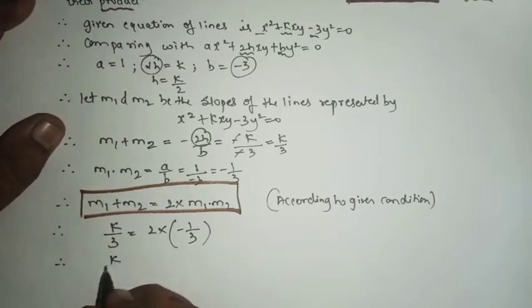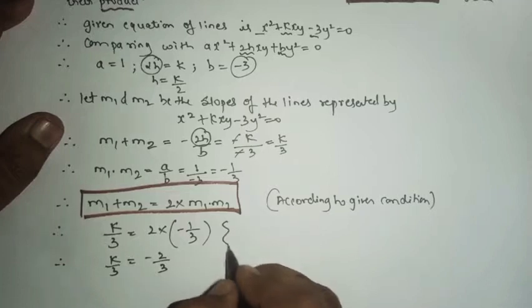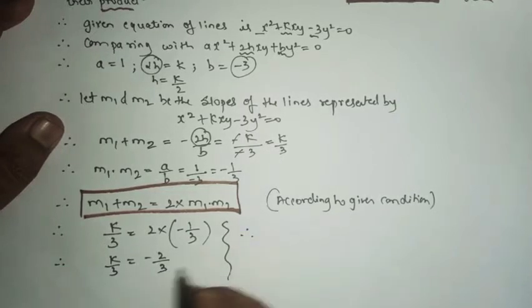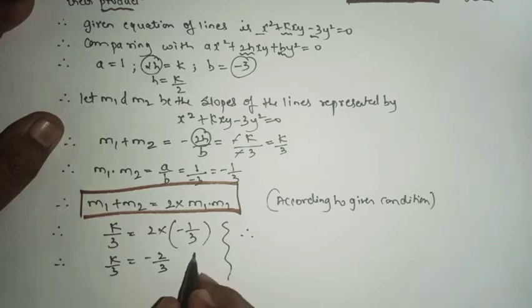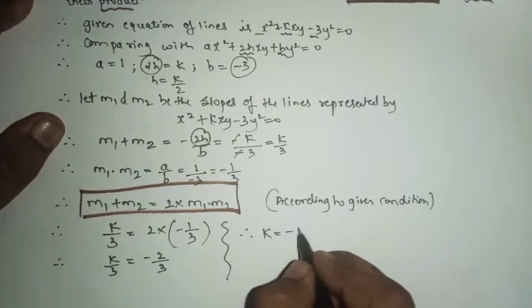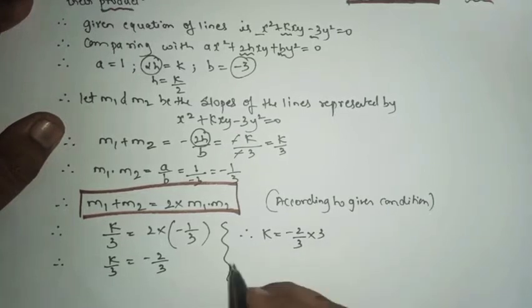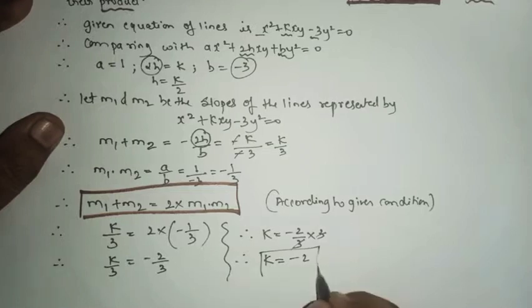So this will be k by 3, and this we can write as minus 2 by 3. So therefore you can shift this 3 on the right hand side, this 3 on the left hand side. So k equals to minus 2 by 3 into 3. So the final answer of k is what, minus 2.